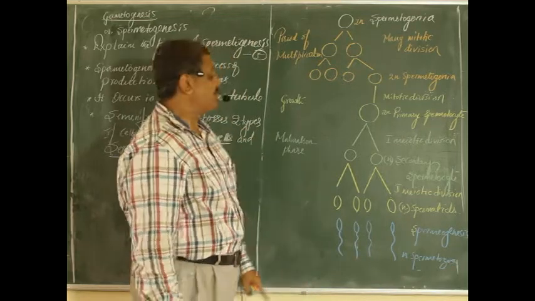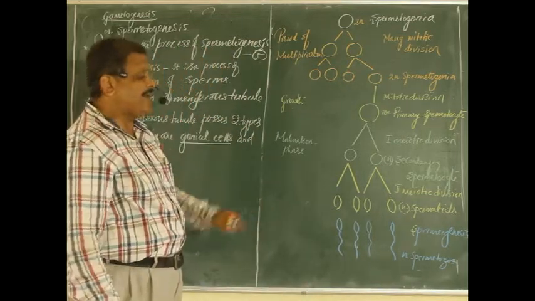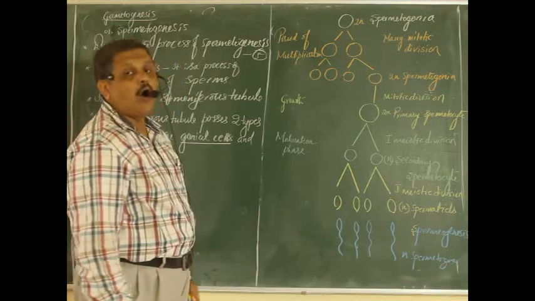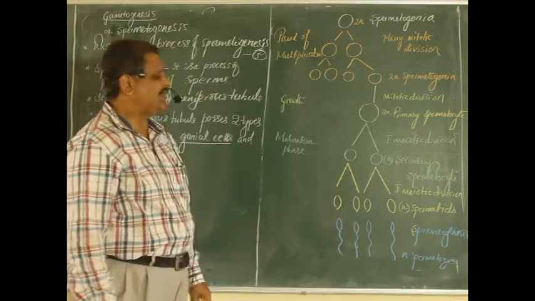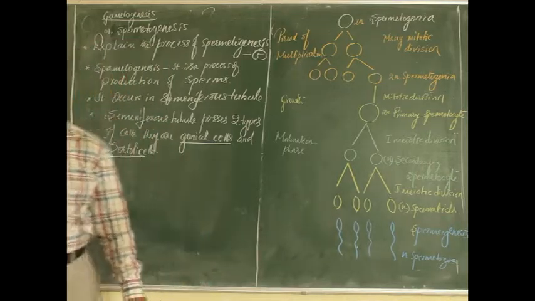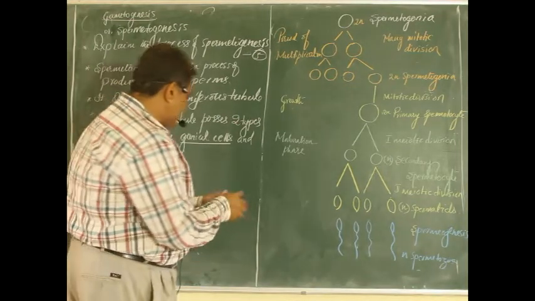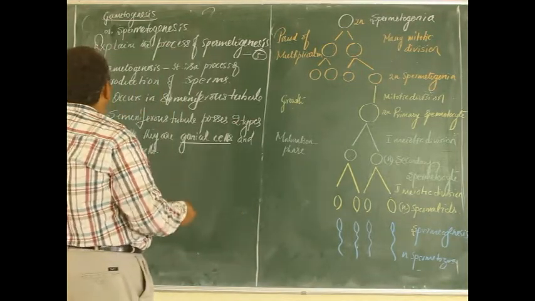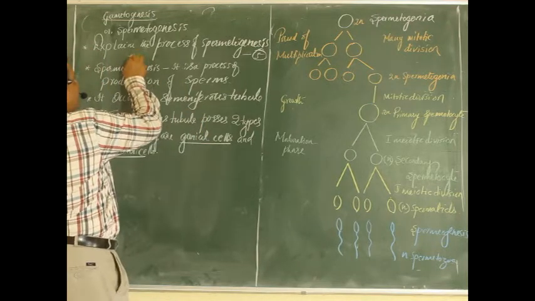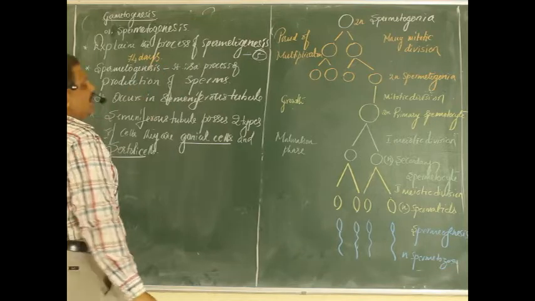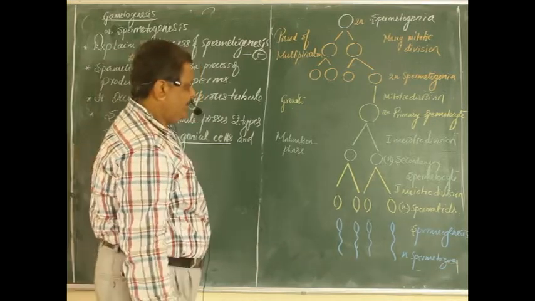What happens to that spermatozoa? All those spermatozoa, now they are attached to the wall of these Sertoli cells to absorb the nutrients. The process of spermatogenesis requires around 74 days.